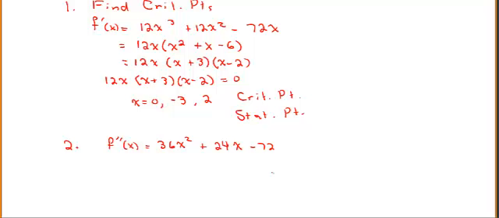Now let's look at the value of the second derivative at each of these points. The second derivative evaluated at 0 is going to be 0 plus 0 minus 72. Notice in this case, since the second derivative is negative, we have a relative maximum.